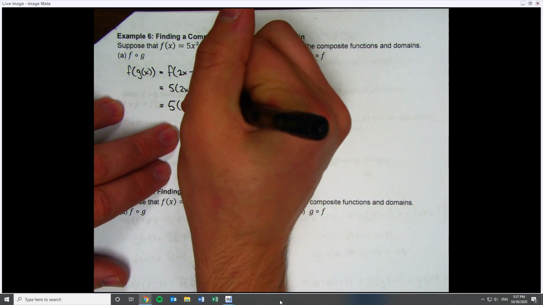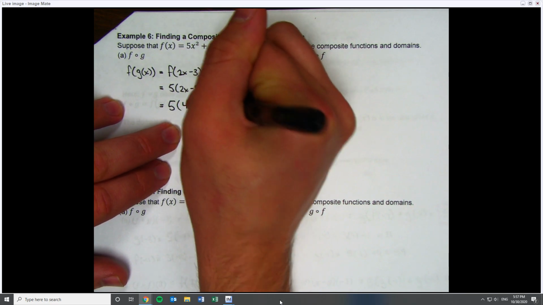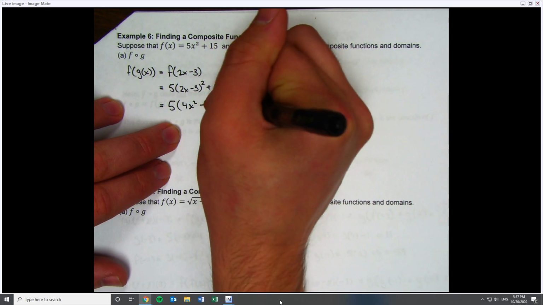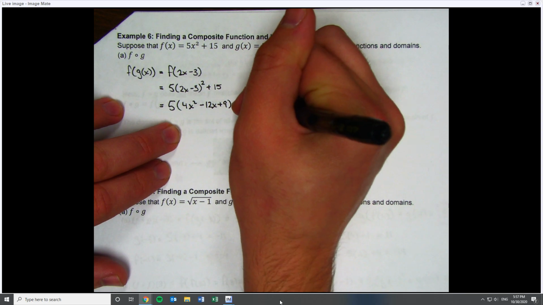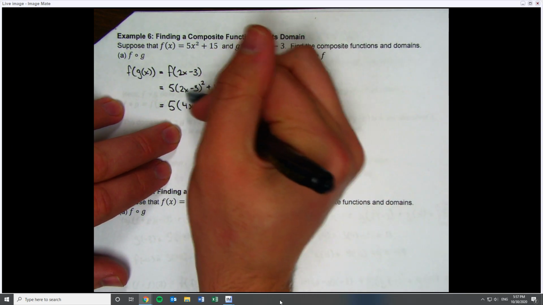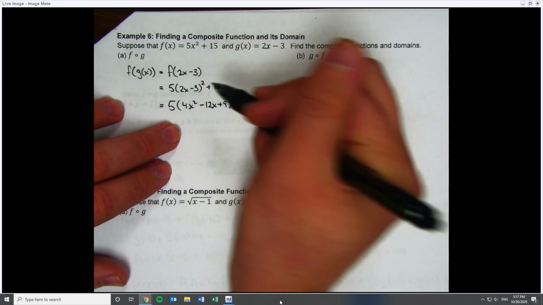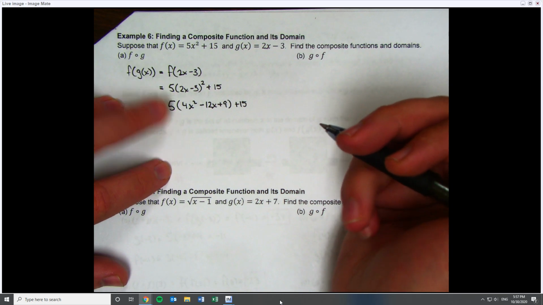If you distribute correctly, you should get 4x squared minus 12x plus 9. And then I still have my plus 15. And again, this came from expanding that, 2x minus 3 times 2x minus 3. Then distribute and combine like terms.